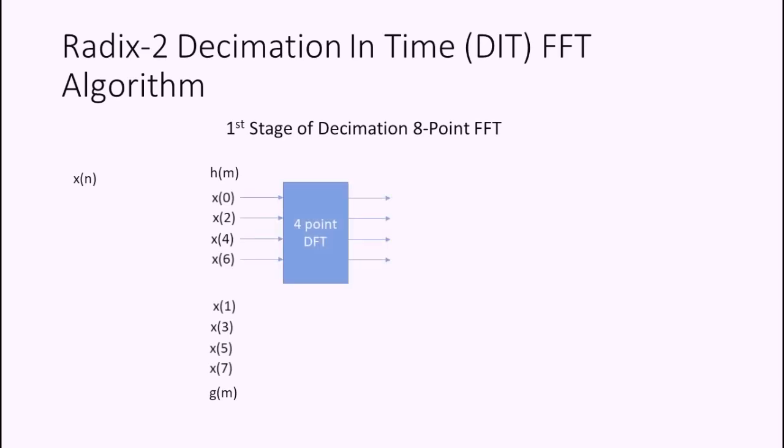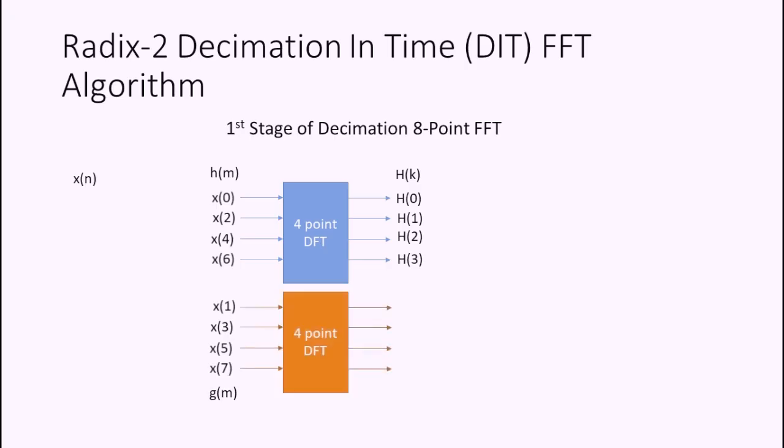Now we compute the 4-point DFT of h[m] and we get H0, H1, H2, H3 as H[k], and another 4-point DFT for odd samples, and we get G0, G1, G2, G3, and this sequence is named G[k]. After that, we just add them as a butterfly diagram with samples from H[k] and samples from G[k].